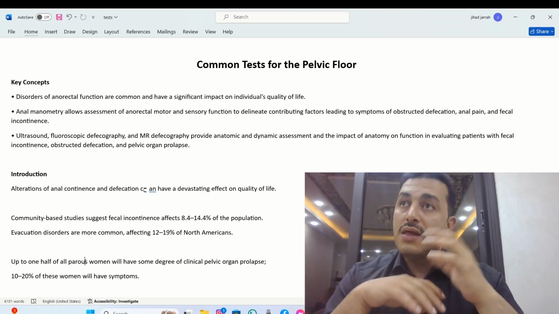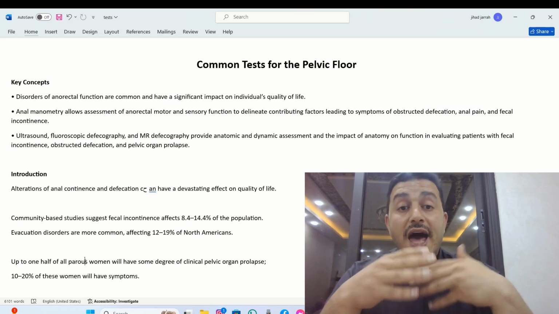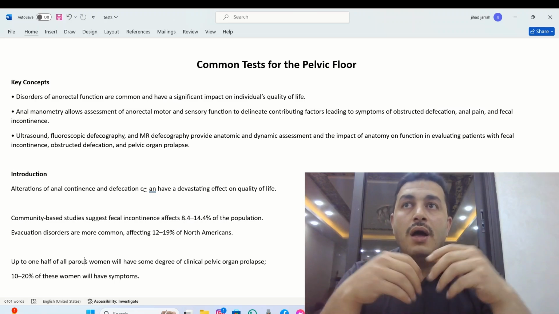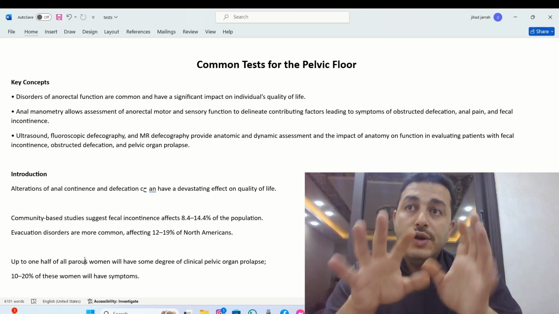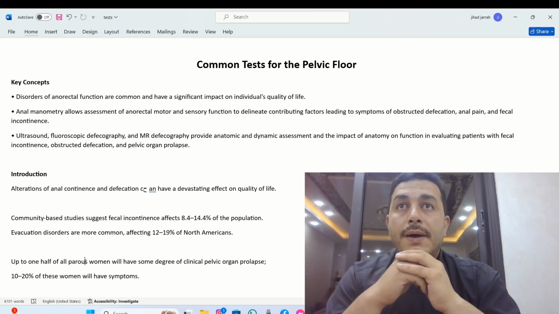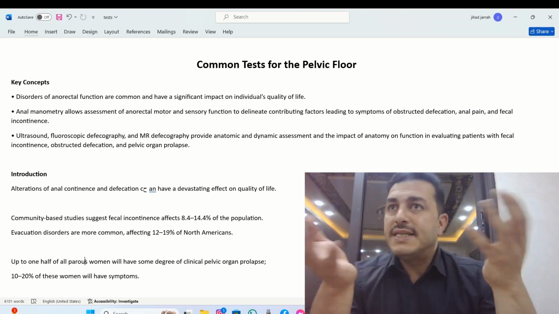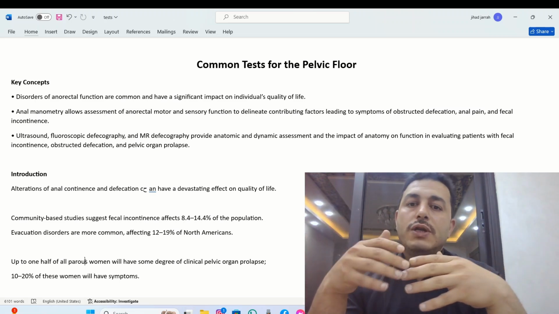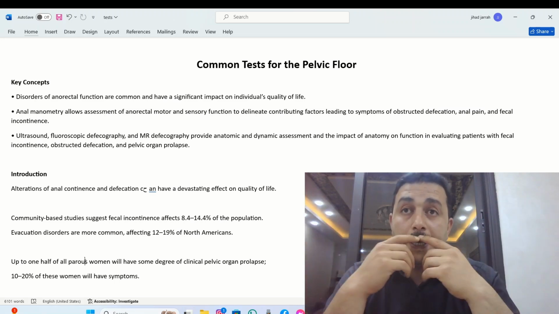And we said that any change in the anatomy of the pelvic floor will be reflected in a change in the function of the anorectal region. For example, rectal prolapse will change the function of these two mechanisms.